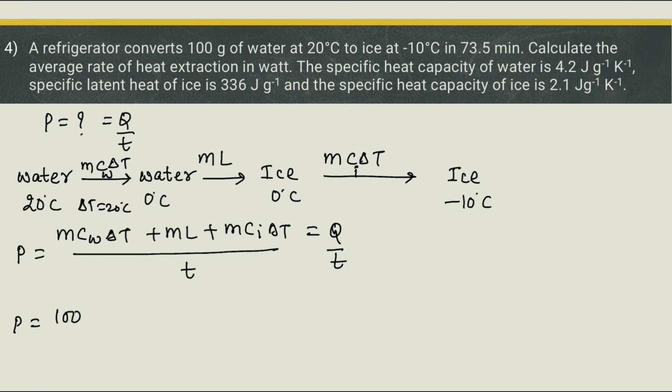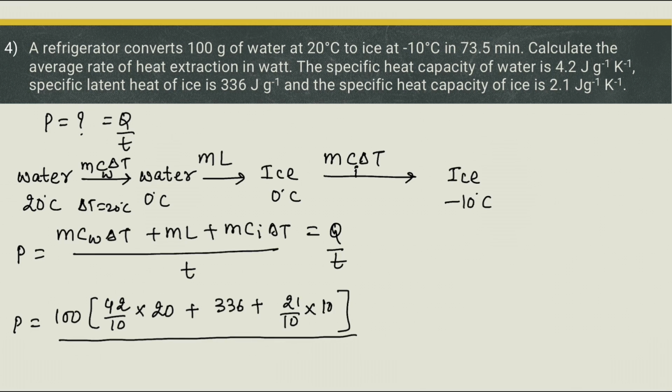Mass is 100 gram, so that calculation becomes a little easy. Specific heat capacity of water is 4.2, 42 upon 10, delta T is 20, plus specific latent heat of ice 336, plus Ci is 2.1, 21 upon 10, into temperature difference for ice, which is 10.